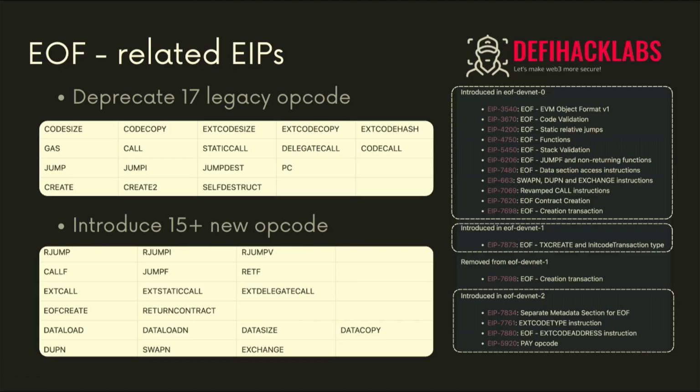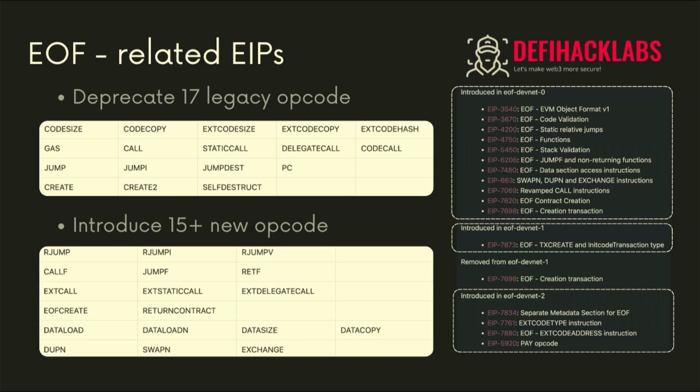Okay, and to summarize, there are some long-standing issues in legacy EVM, and EOF tries to resolve these issues by introducing structural layout and versioning headers, and also static jumps to replace the dynamic jumps.